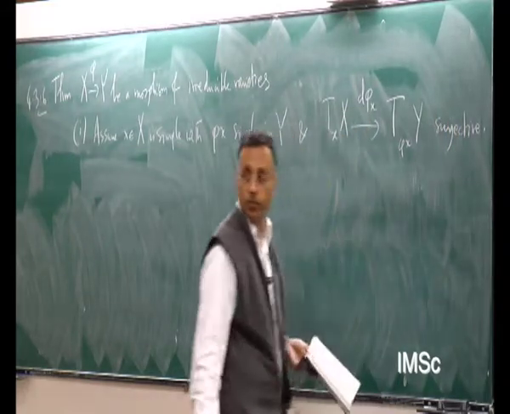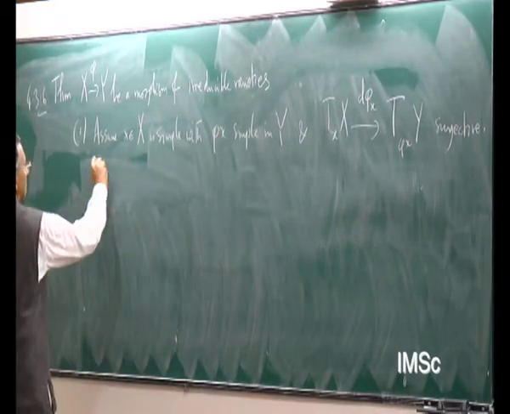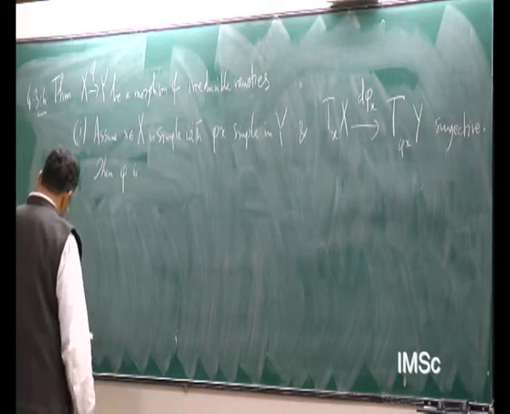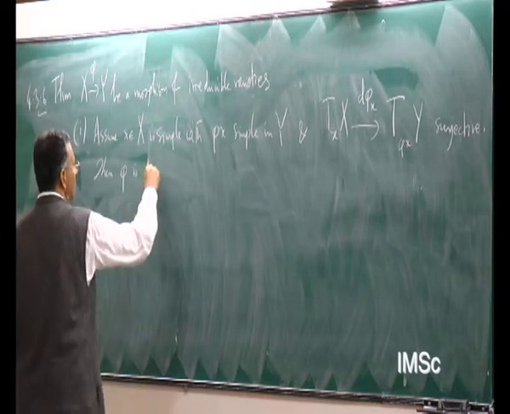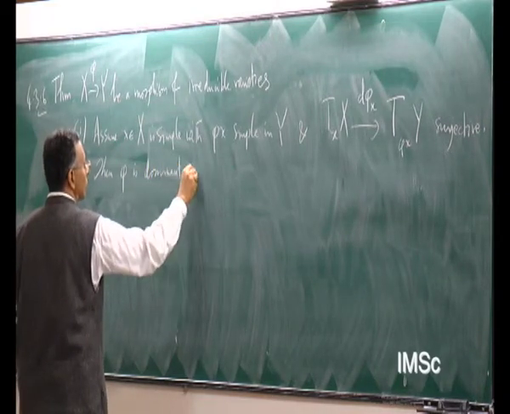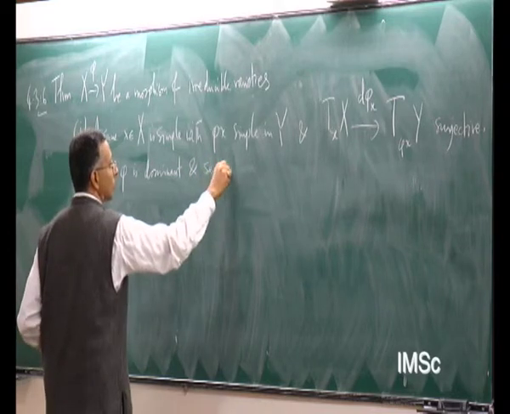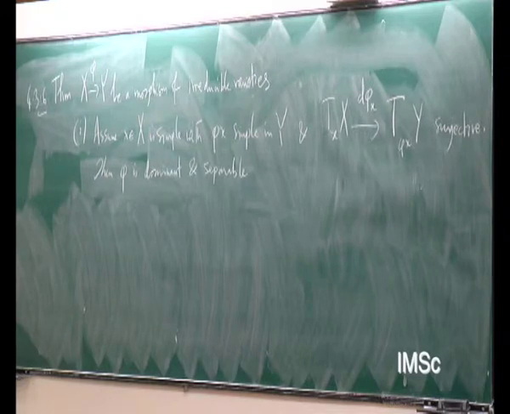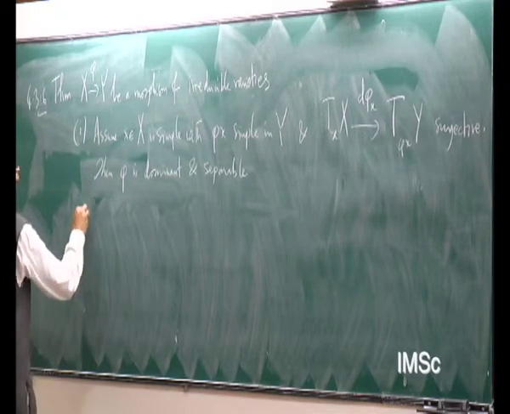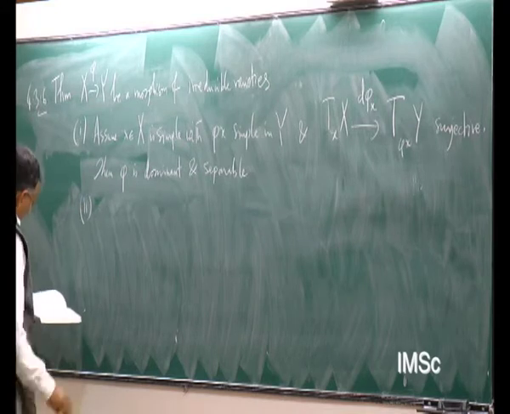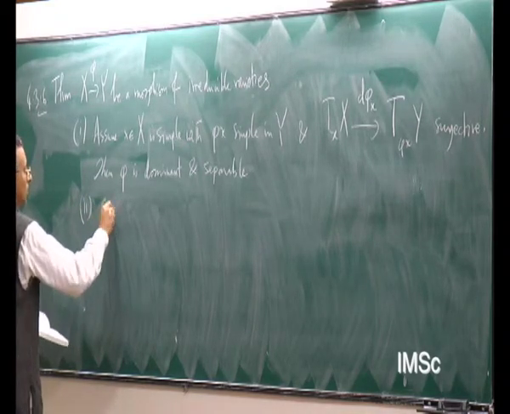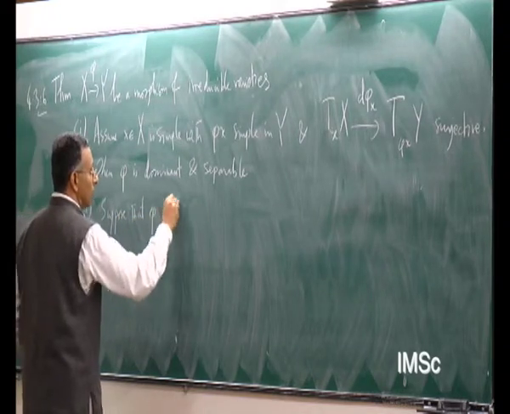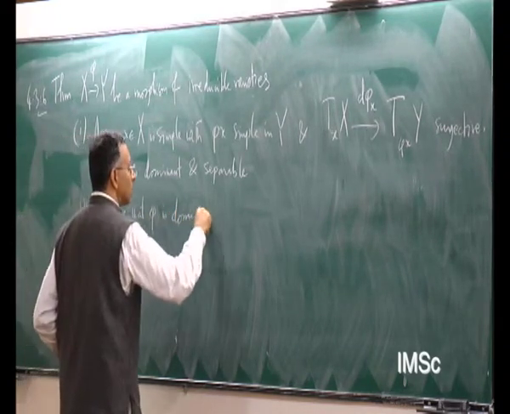If this is so, then phi is dominant and separable. And the second condition is, suppose that phi is dominant and separable.